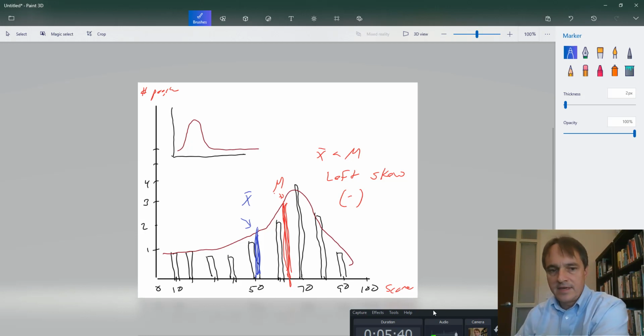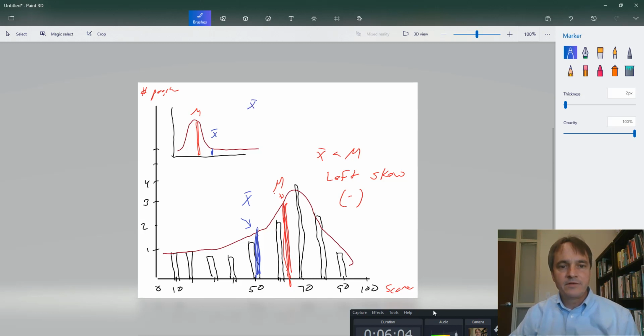So in this case, we might have a median here and a mean out here. The reason for this is we've got a bunch of scores that are just way out here. They're kind of outliers in X, you might call them that. And so in this case, we've got an average, a mean that is greater than the median. And when this happens, this is just called a right skew. Okay, so this is what we mean by skew.